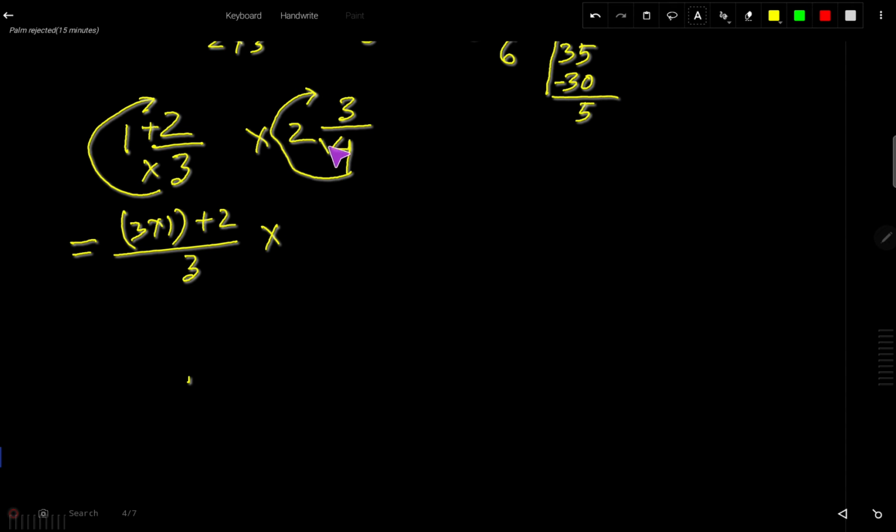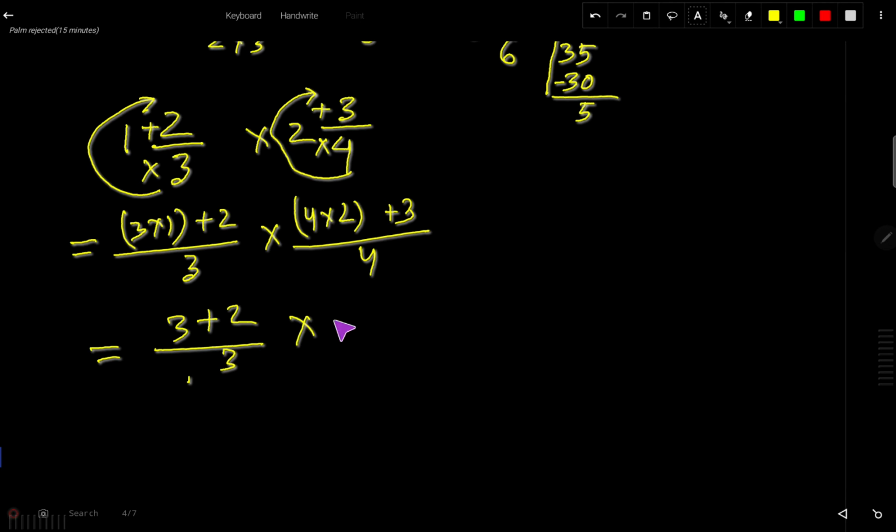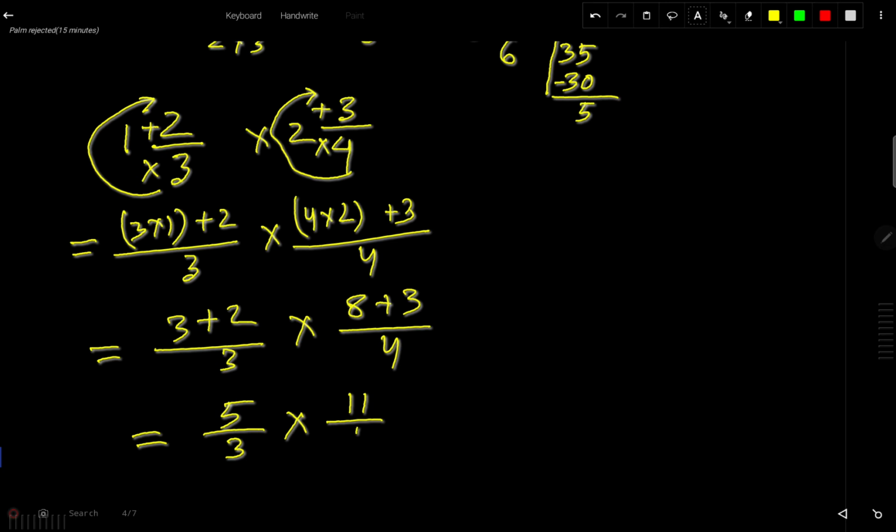Same thing for this: 4 times 2 plus 3 divided by 4. So look, we are getting here 3 plus 2 by 3 times 8 plus 3 divided by 4. So we are getting here 5 over 3, 11 over 4.